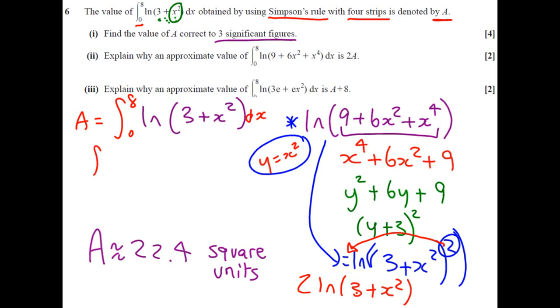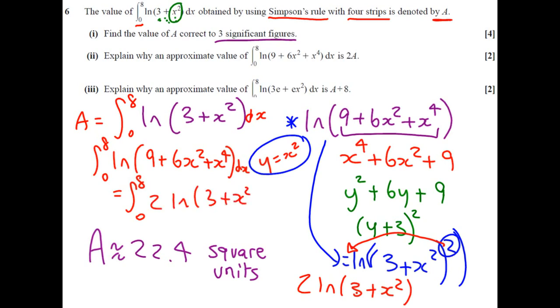Now the integral of what we were talking about can be written as 2 times ln of that. Because 2 is a constant, it can be brought outside the integral, equals 2a.